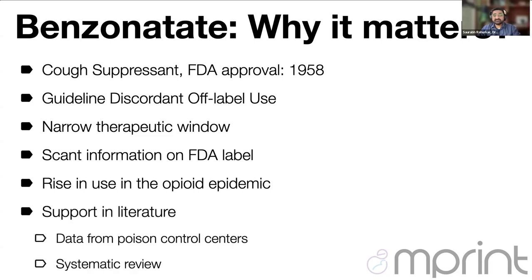The concern that we're seeing isn't even theoretical. Poison control centers, when they publish the data, have routinely shown benzonatate-related overdoses or benzonatate-related ADs in them. And at least one systematic review from 23 found that the efficacy of benzonatate was questionable, and that the approval of benzonatate in 1958 was based on evidence that does not meet the current standards of rigor.